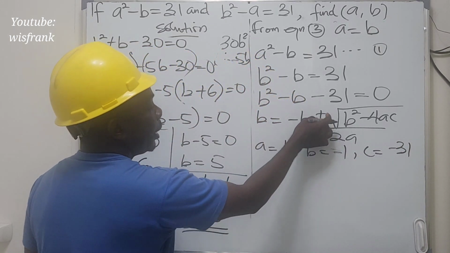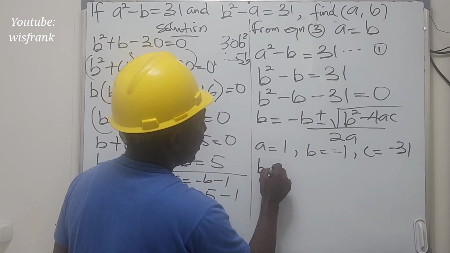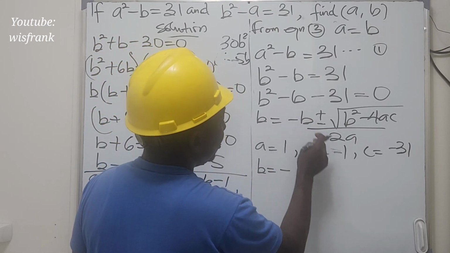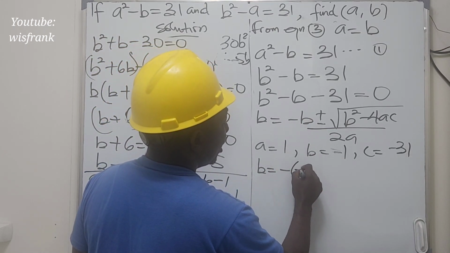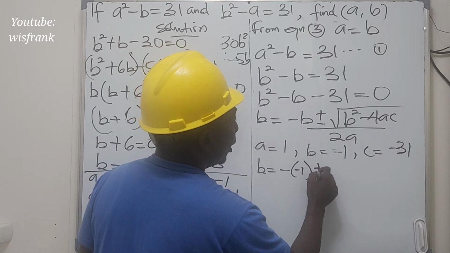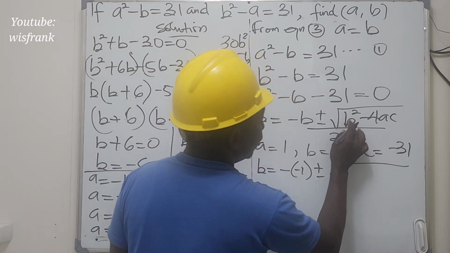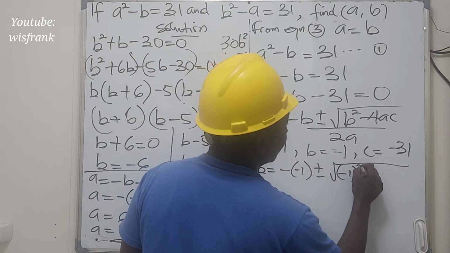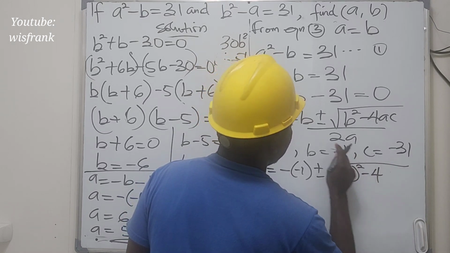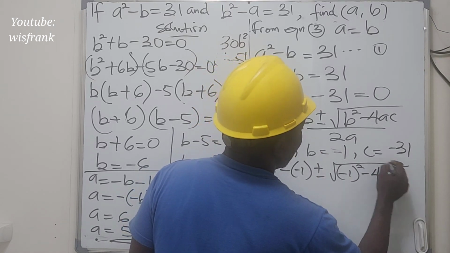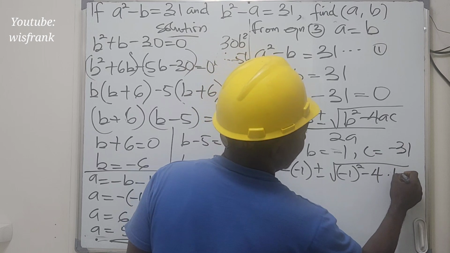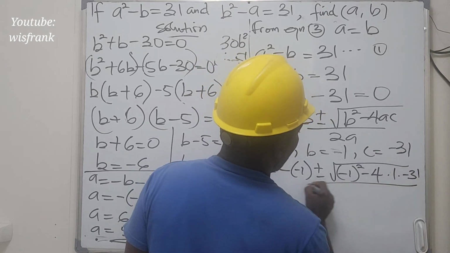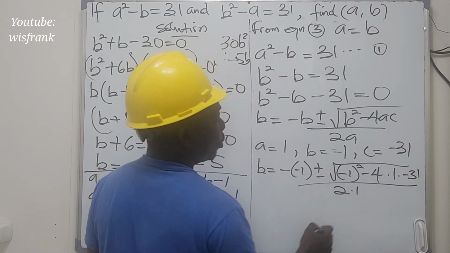Substituting these parameters into what we have here. So we have b equals minus b, which is minus minus 1, plus or minus square root of minus 1 to the power of 2 minus 4 times a, which is 1, times c, which is minus 31, all over 2 times a, which is 1.